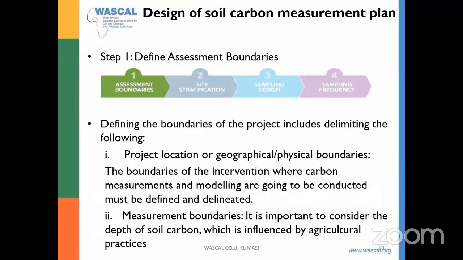So we can have a local and also global base. The physical boundary has to be delineated, and this can be done on the field or sourced from secondary data sets. For example, if we are looking at a district, we can get district shape files to delineate our boundary. If we are looking within a water basin, we can delineate our watershed area to use for such measurement.